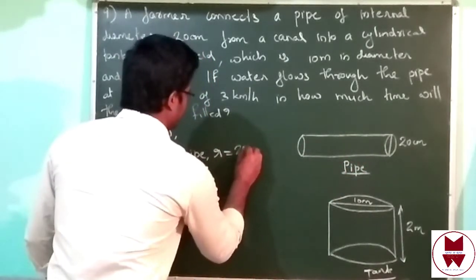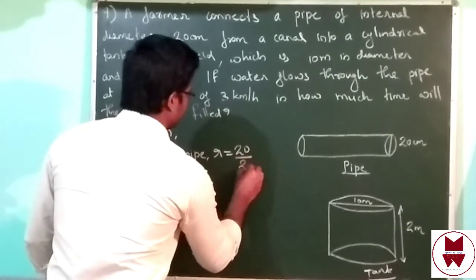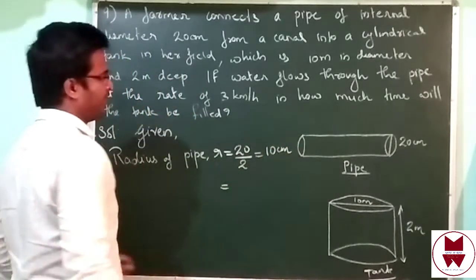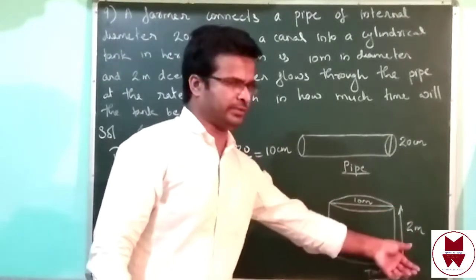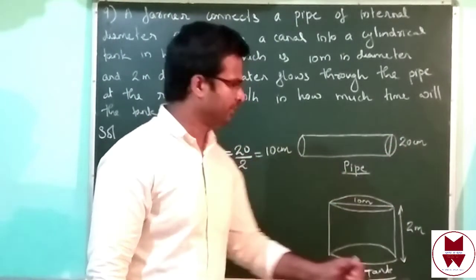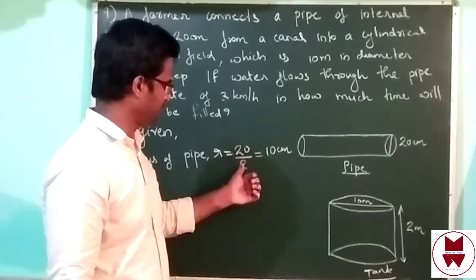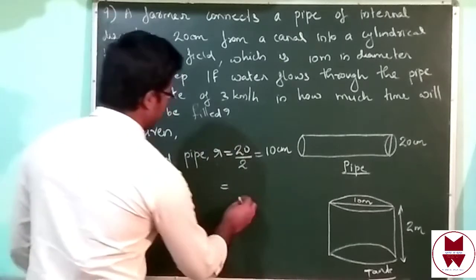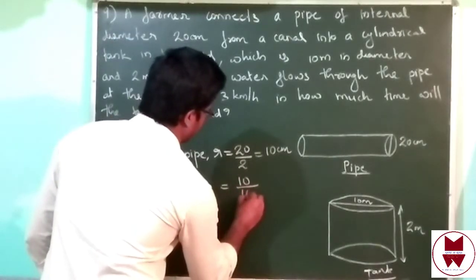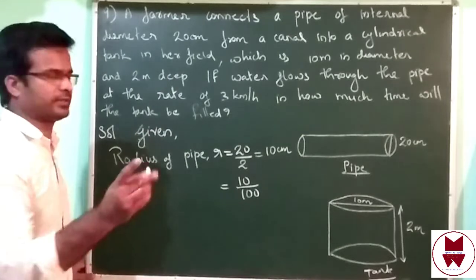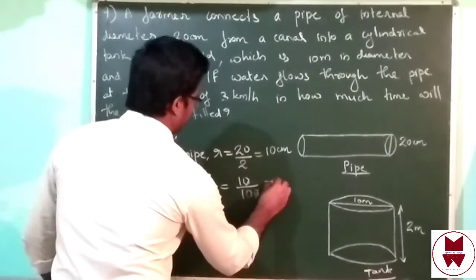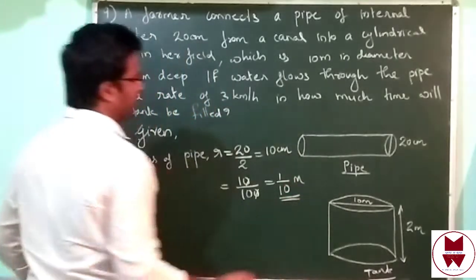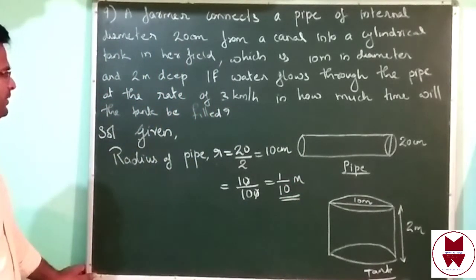Radius we can write 20 divided by 2, 10 centimeter. Look, all other measurements are in meter, only this 20 is in centimeter, so we can change that 10 centimeter to meter. 10 divided by 100, because 1 meter is 100 centimeter, then 0 and 0 cancel, you will get 1 by 10 meter. That is the radius of that cylindrical pipe.